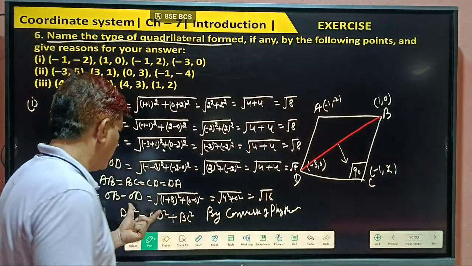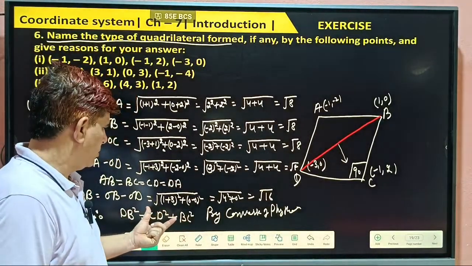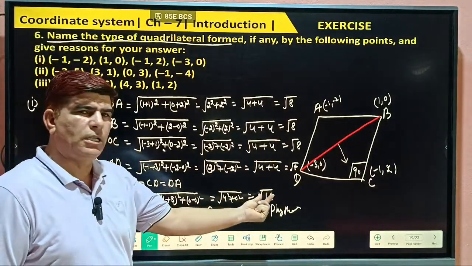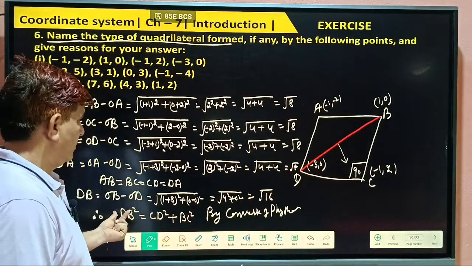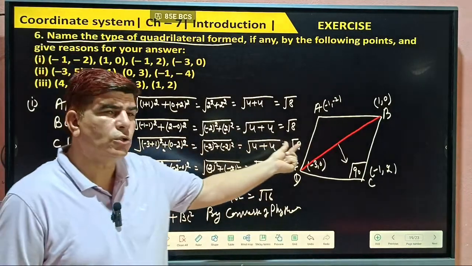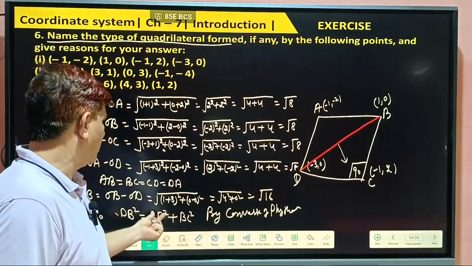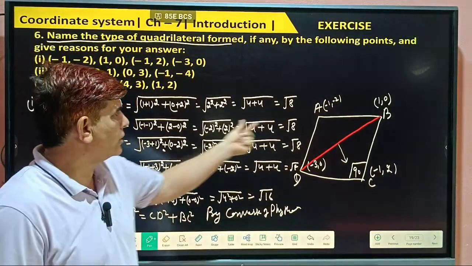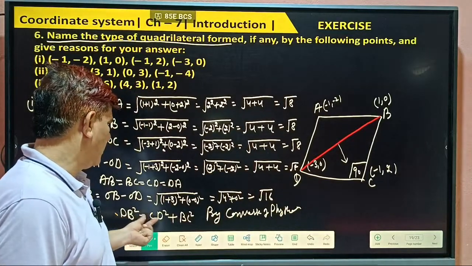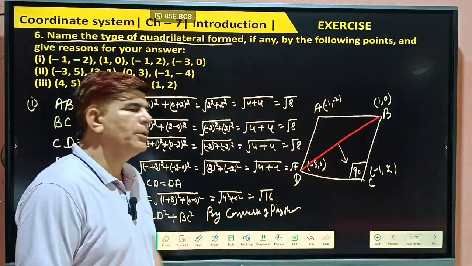I think you understood this, or not, I don't know. So DB equals root 16, so DB square equals 16. CD is root 8, its square is 8. BC is also 8. 8 plus 8 is 16. So DB square equals CD square plus BC square.